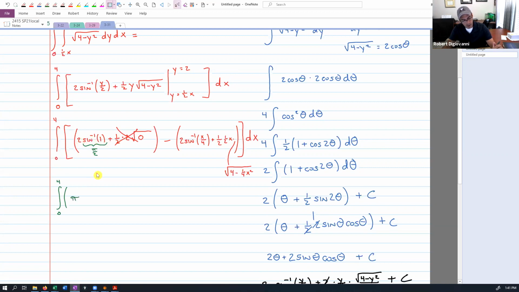And then that was 0, and then we want to subtract all this. So it's going to be minus 2 arc sine of x over 4. And then I'm going to subtract again. We've got to put these two together, minus 1/4 x square root of 4 minus 1/4 x squared dx.